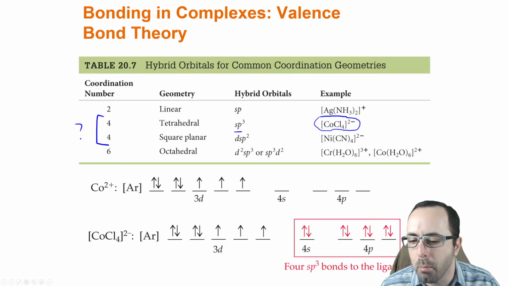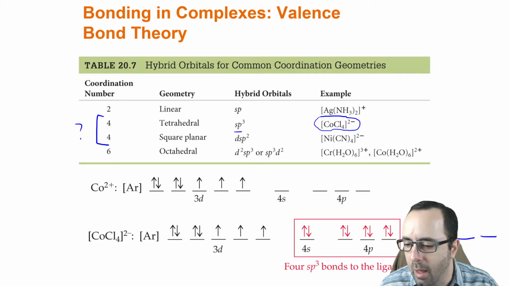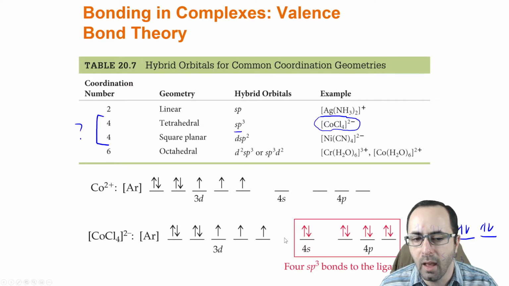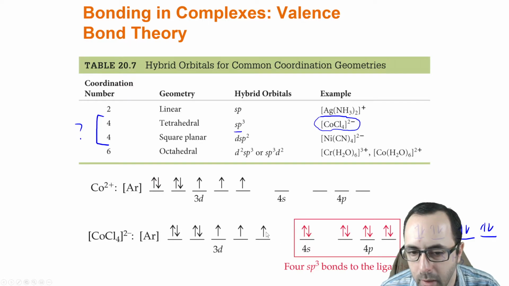And then these all combine and they make 4 sp3 orbitals. So when the hybridization happens, these are now all called sp3, and they have 8 electrons. But what was used to make them was the empty 4s orbital and 4p orbitals. And that's tetrahedral sp3 hybridization.